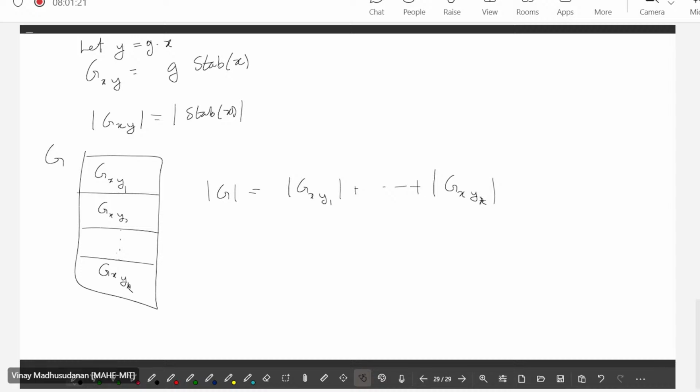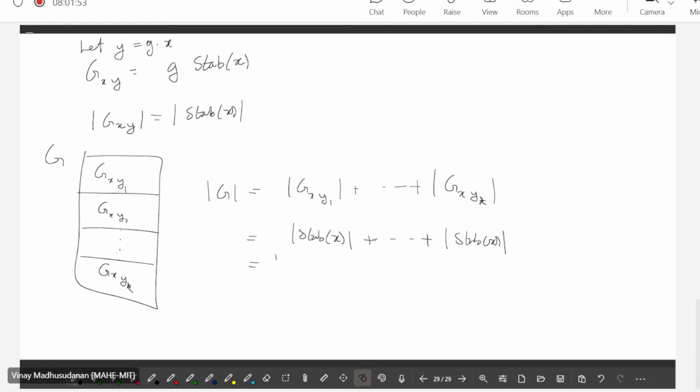Is that correct? So the question is, can any two of them be the same? Obviously not, because whatever is here maps x to y1. If I take a different y2, those elements map x to y2, so they cannot be the same element, right? So this is true, but each of these is equal to what? Each of these is equal to the order of the stabilizer.